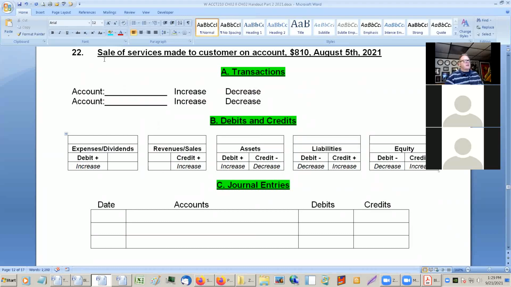Sale of services on accounts to a customer. So what accounts do we use? You guys are sleeping, aren't you? Would revenues be one? Yep, could be revenues or sales. Either one.